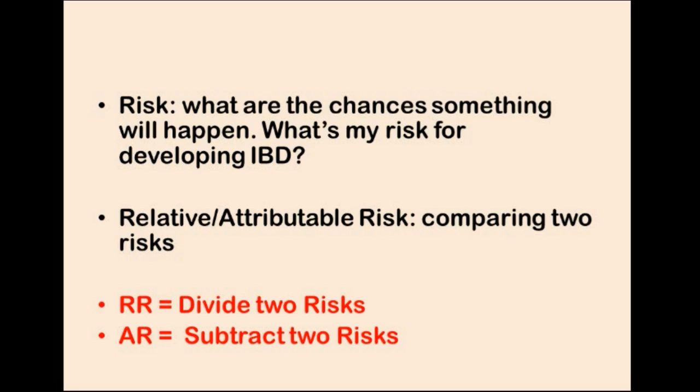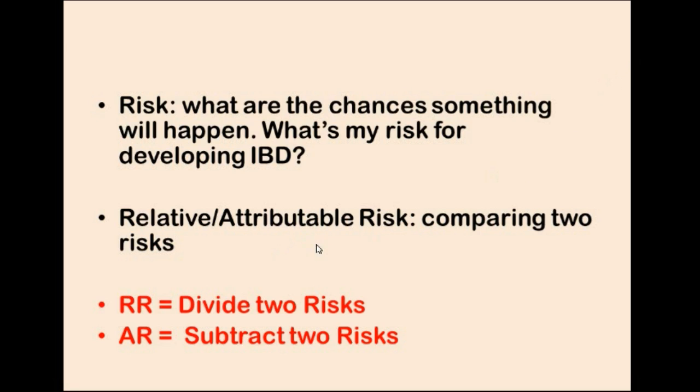So we can compare these two risks. In the first case, 10% risk, and in the second case 5 in 10, which is 50% risk for developing IBD. So we can say that the risk is 5 times greater for people with a strong family history of IBD to develop IBD than in somebody without a family history of IBD.